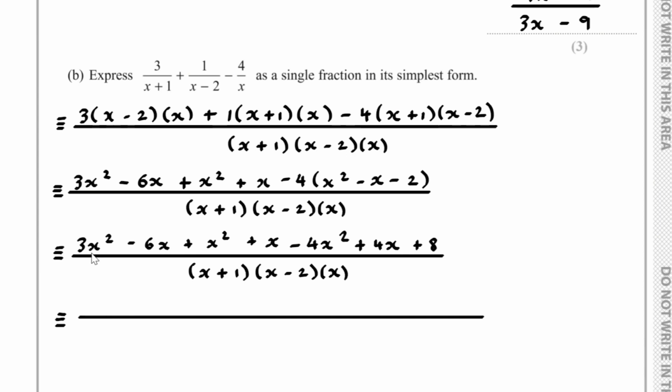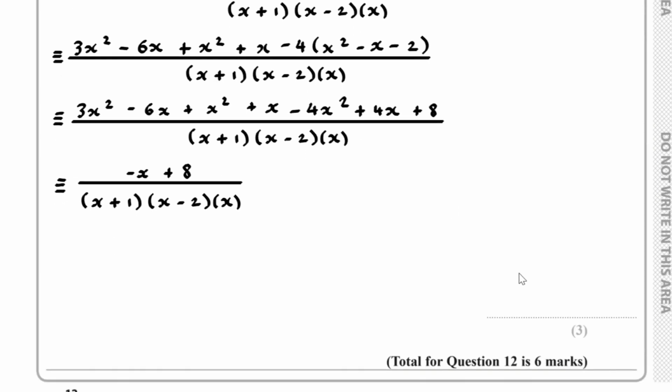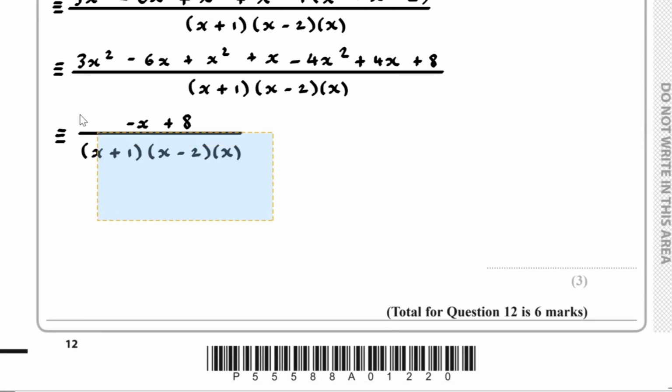So, 3x squared plus x squared minus 4x squared is 0x squared. Then I've got minus 6x plus x plus 4x, so that is minus x. And then I've got the plus 8 with it. And along the bottom, I still have the x plus 1 times x minus 2 times x. And so this is my simplified result. I can't simplify this any further.